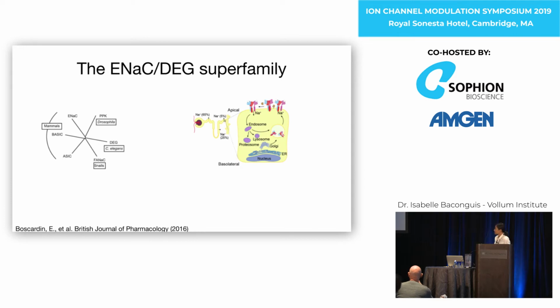Another striking thing is that while, for example, ASICs can form homomeric, physiologically relevant ion channels in our bodies, what we know so far from the cloning of the genes is that ENaC is most stable when 3 different but homologous subunits, the alpha, beta, gamma right here, come together.